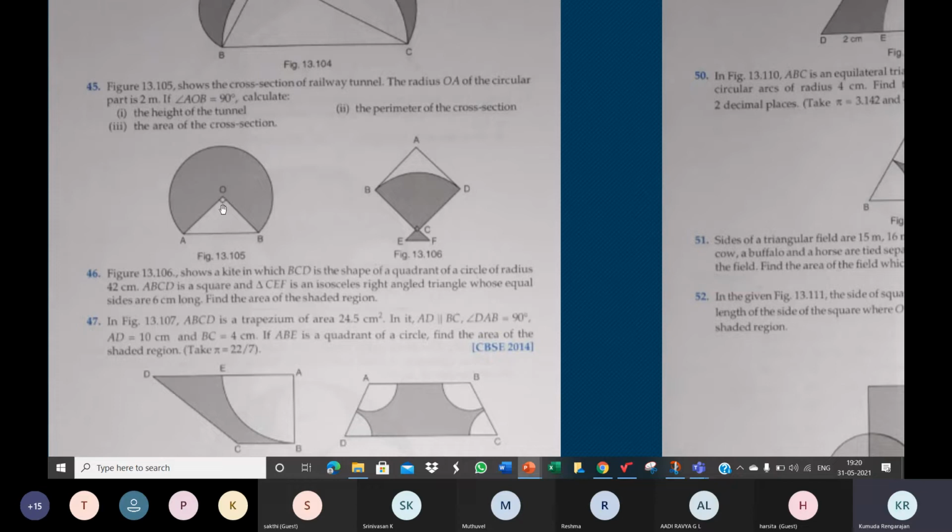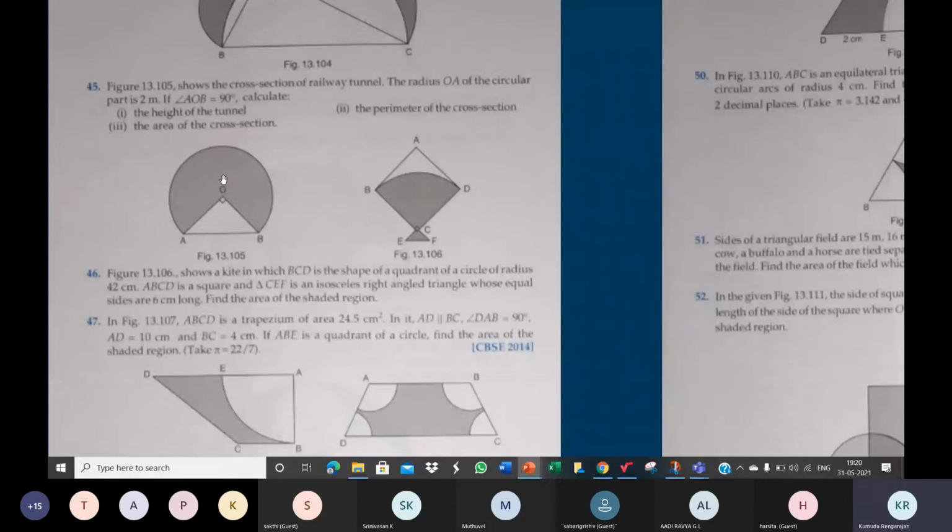Connect 45 degrees with OD and the hypotenuse OA, which is 2 meters. You will find that OD is root 2 meters.